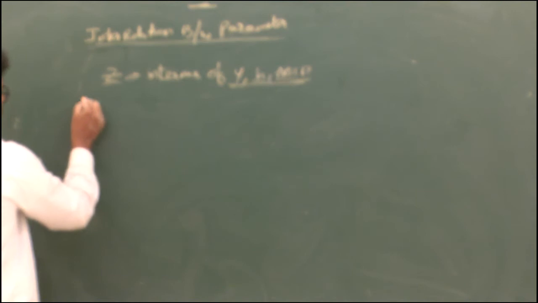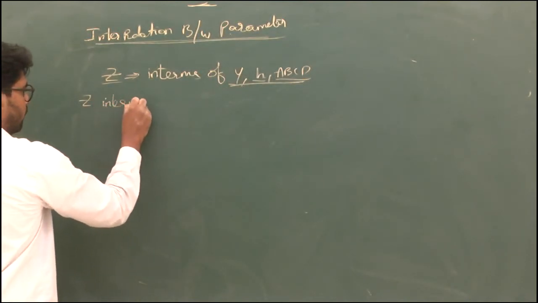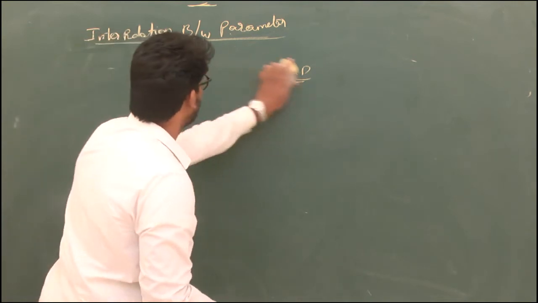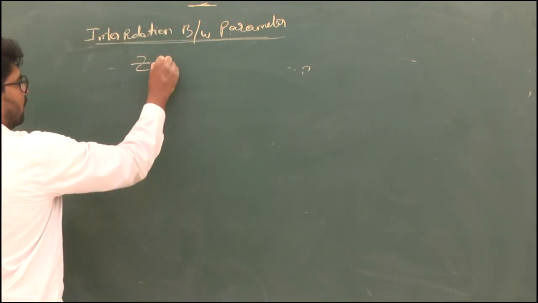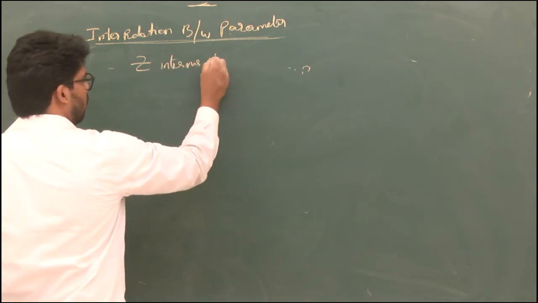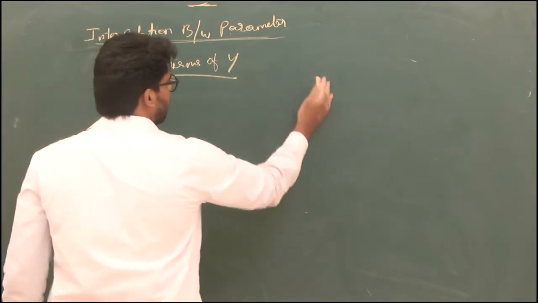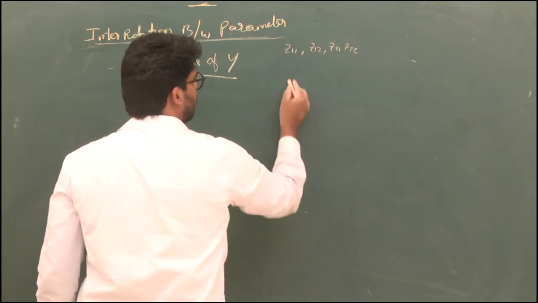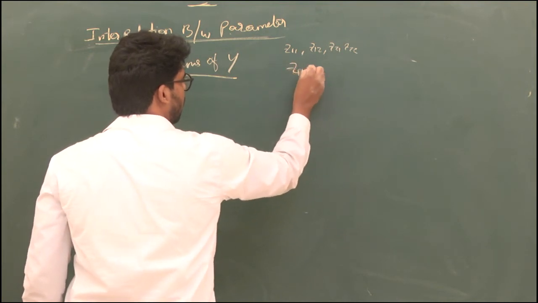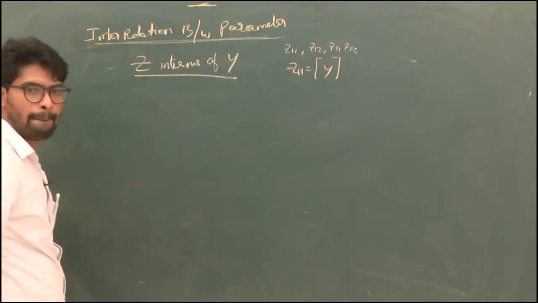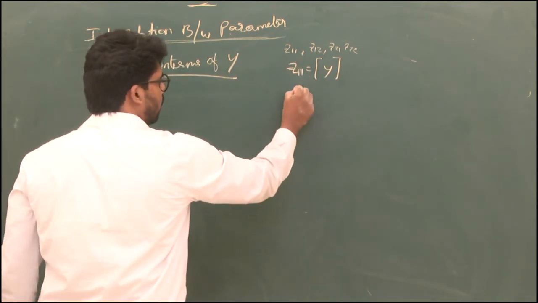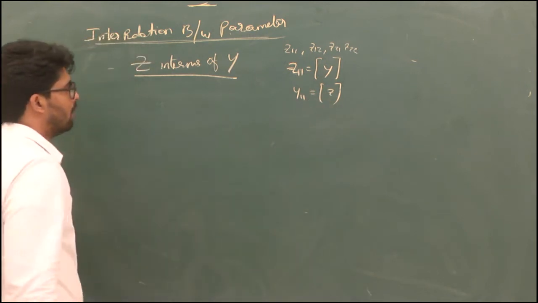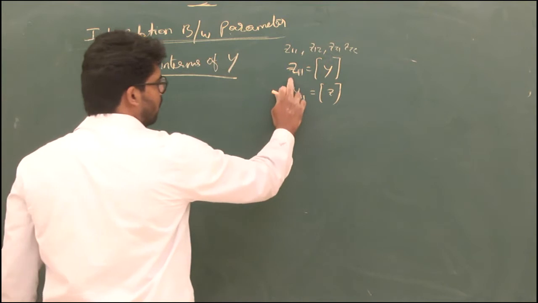Now we'll solve for Z in terms of Y parameters. That means Z11, Z12, Z21, Z22 will be obtained in terms of Y parameters. Don't get confused: Y in terms of Z means Y parameters expressed using Z parameters, whereas Z in terms of Y means Z11 in terms of Y.